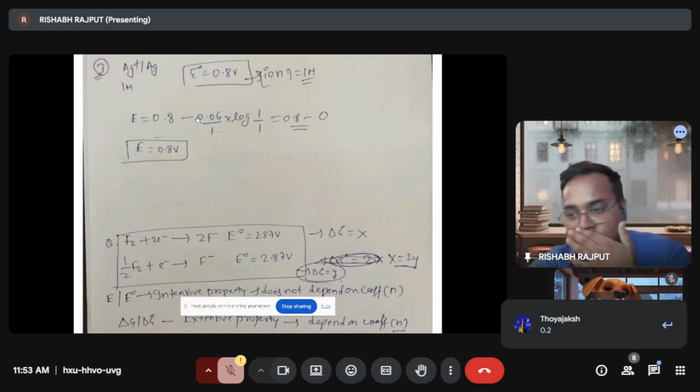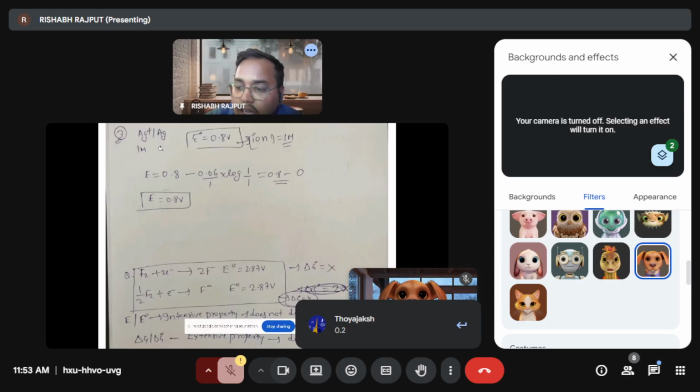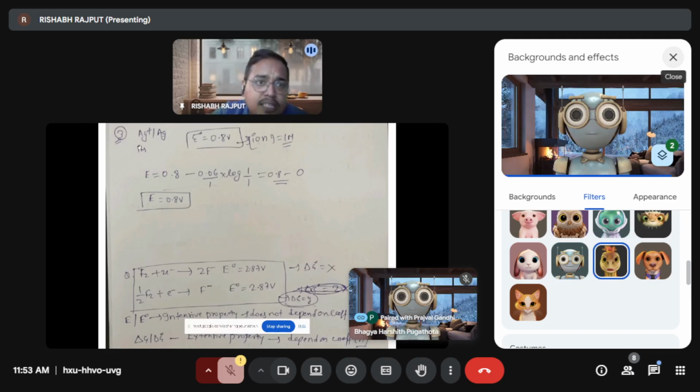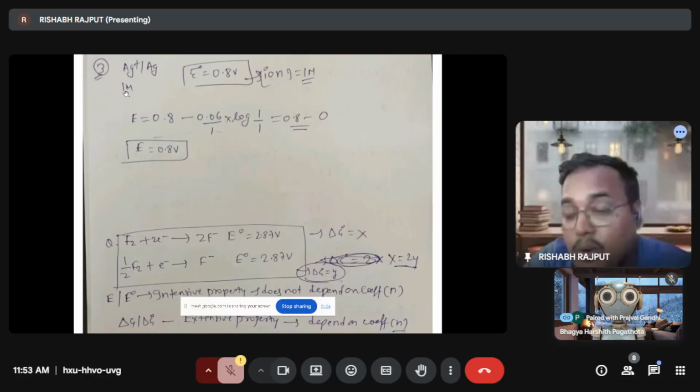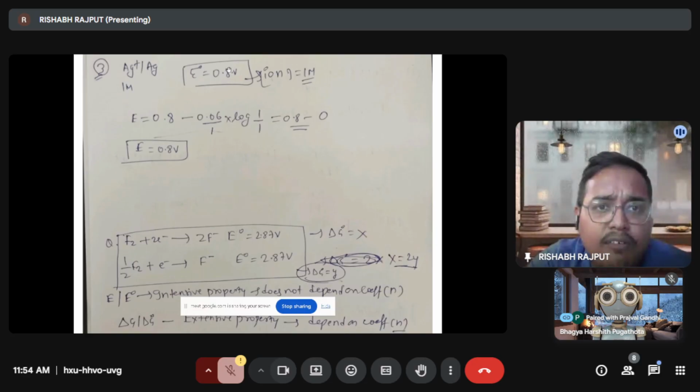Please see, guys. Ag plus, Ag. How can you solve this question? If they give you Ag positive, Ag, and the E naught value 0.8 volt is given, and they say, sir, Ag plus is 1 molar, so how can you solve this formula? Sir, there is a reduction value, and the oxidation reduction value is already given.